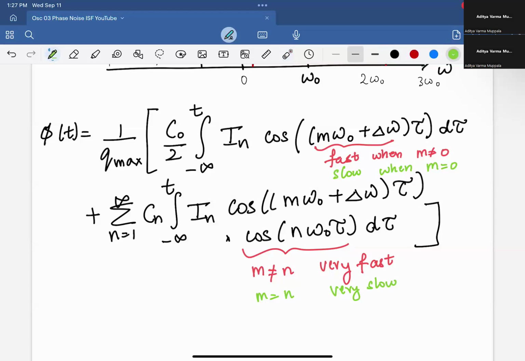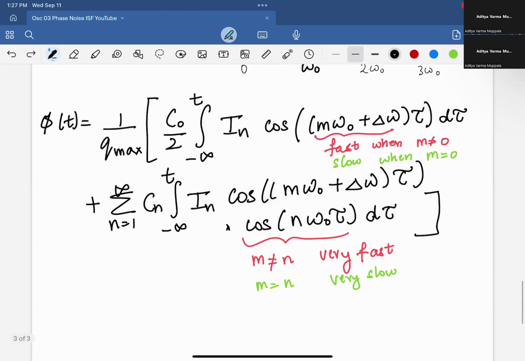So the only contribution to this entire integral comes in when the argument is slowly varying. You can make it more rigorous, but we don't have to go there. You can use two timing principles, or a method of multiple scales, or you can compute it numerically, and you'll see that the only contribution comes in when you don't have this omega naught term. Okay, so essentially the only term that remains is the delta omega term.